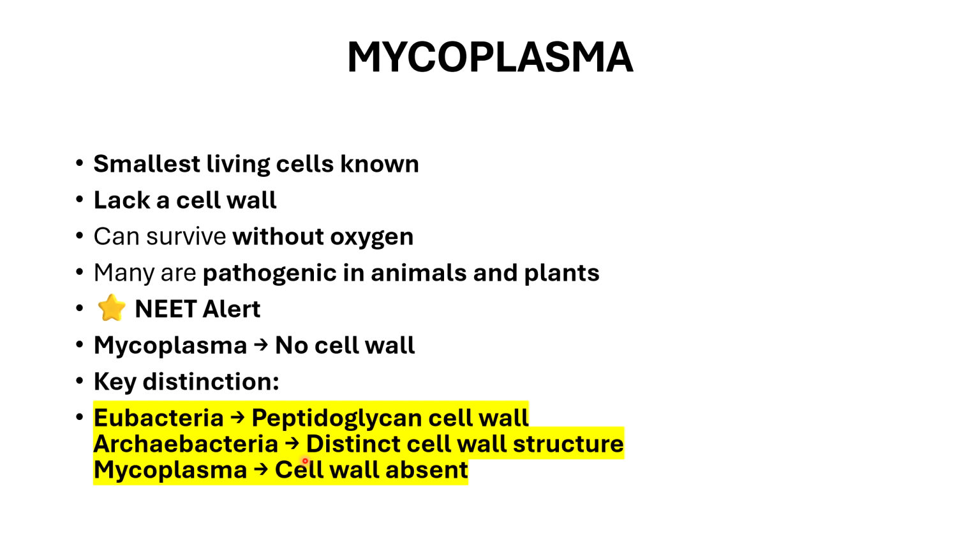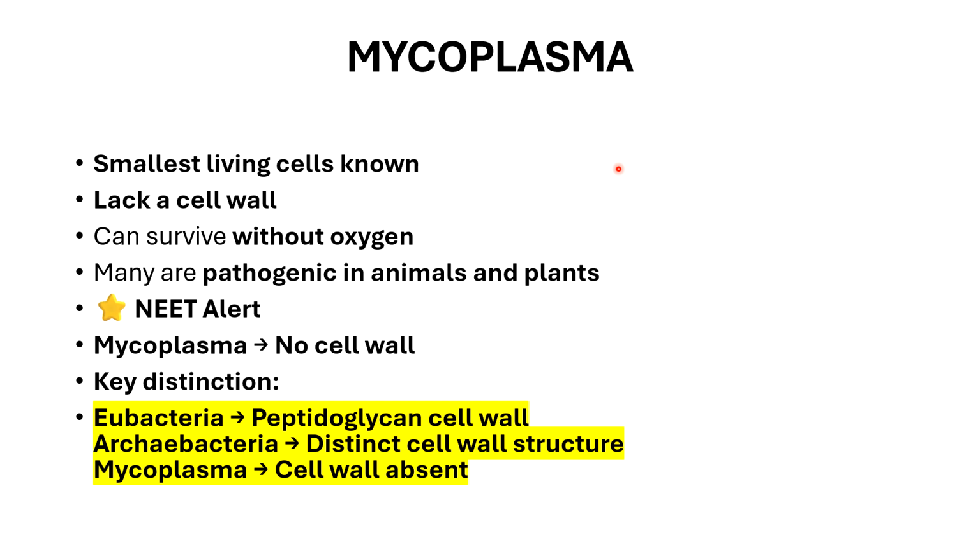Archaebacteria possess another distinct cell wall, but Mycoplasma is the only organism under Monera which lacks a cell wall. Further, Mycoplasma can survive without oxygen, or is anaerobic in nature. Mostly, Mycoplasma is pathogenic in both animals as well as plants. And most importantly, it is the smallest living cell known.